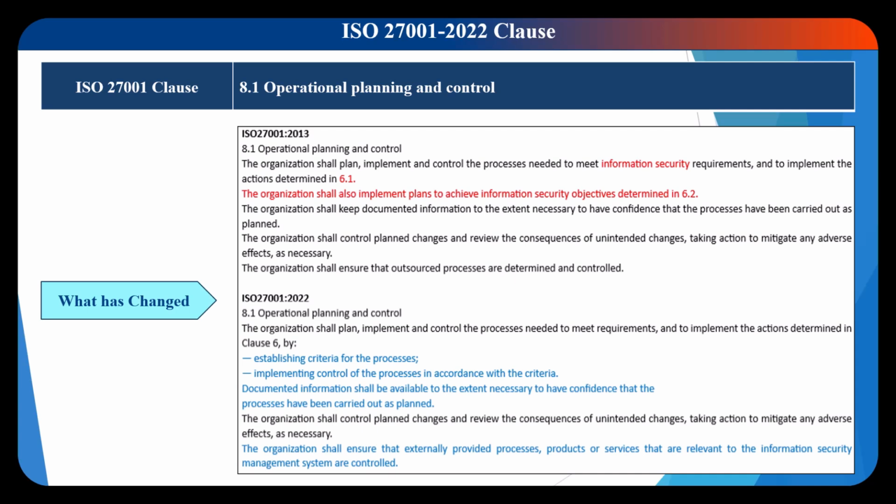Documented information should be available to the extent necessary to have confidence that the processes have been carried out as planned. Another change within this clause is that the organization shall ensure that externally provided processes, products, or services that are relevant to the information security management system are controlled.